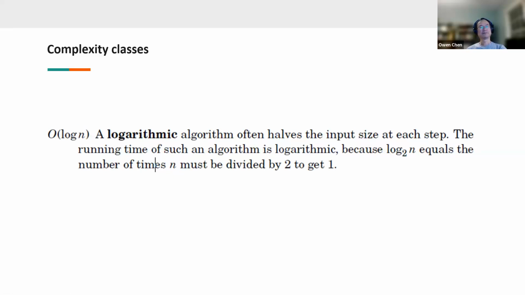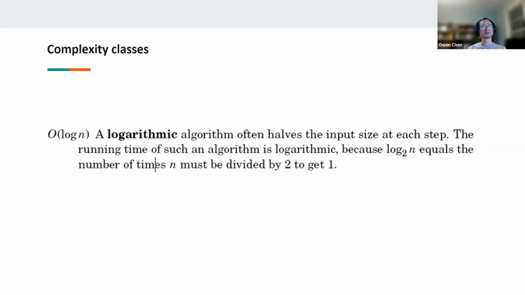And the next most efficient one is, like we saw with exponential, the inverse of exponential, which is a logarithm, right? As n grows bigger, the log of n increases very slowly.